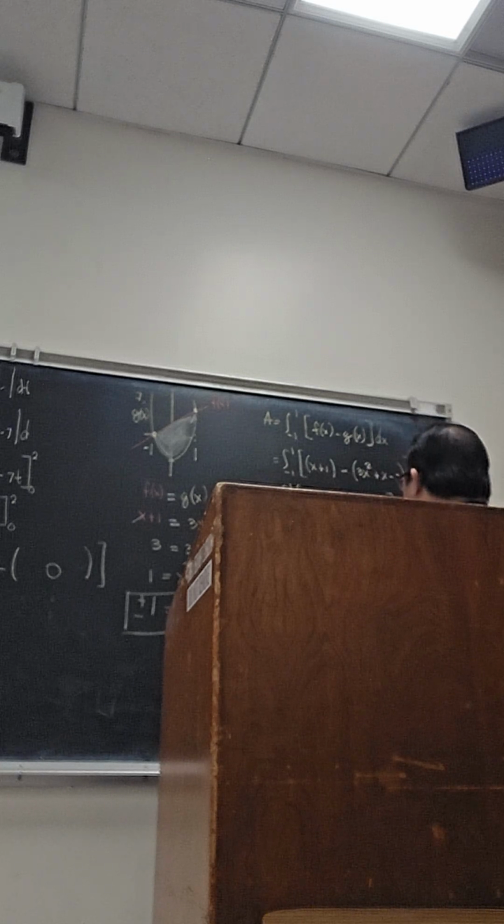So what cancels out right here? The x cancels out, right? Positive and negative. And then combine this. So this becomes now the integral from negative 1 to 1 of negative 3x squared plus 3. And then you now take the antiderivative.